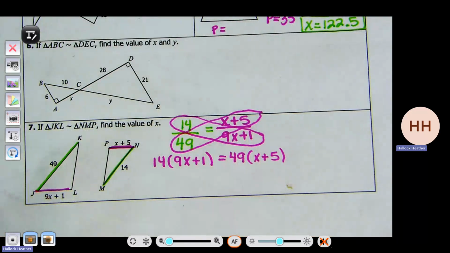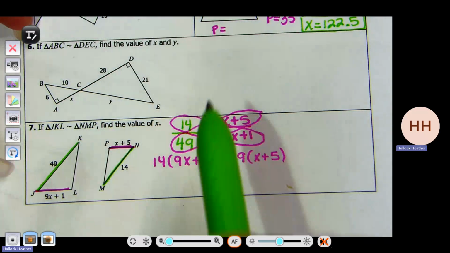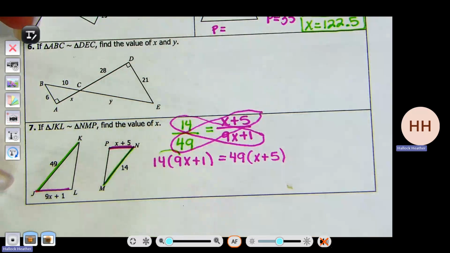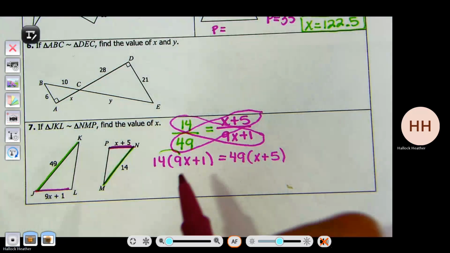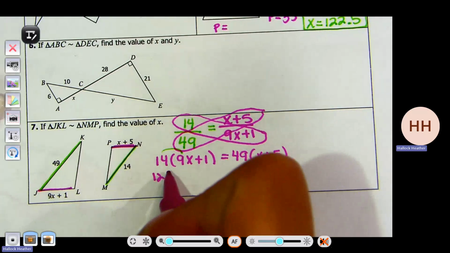So then we're going to distribute to get rid of the parentheses. So we're multiplying. So you're doing small over big equals small over big. So in a calculator, if I do 14 times 9x is 126x.